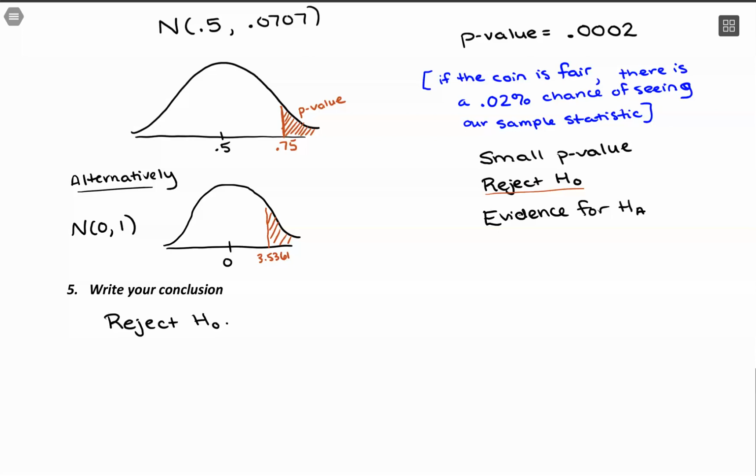The p-value displays the strength of what we're claiming. So like the 0.02% chance is very strong. That shows a very low probability of occurring. So what we want to do is in our conclusions include the p-value.